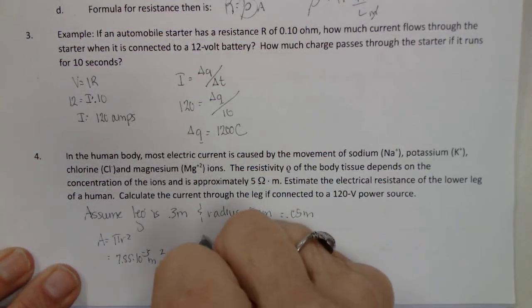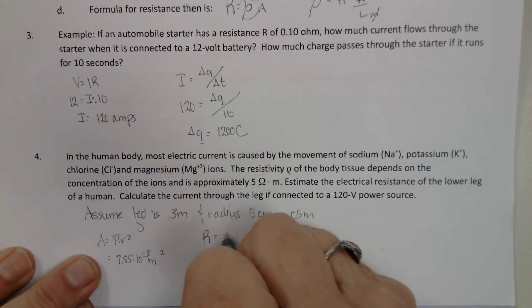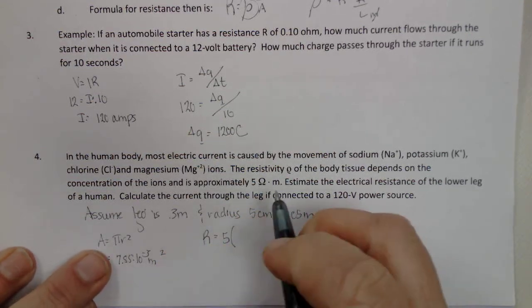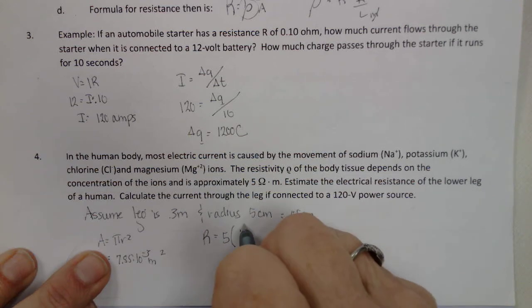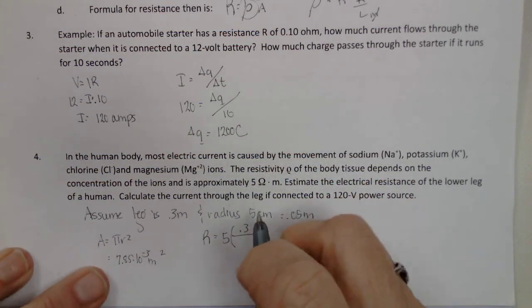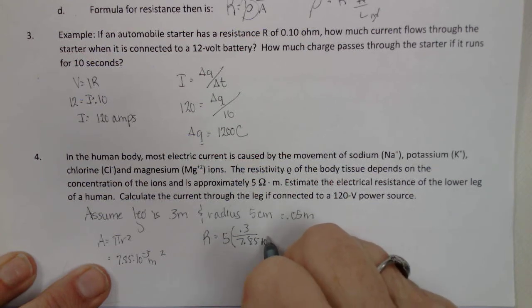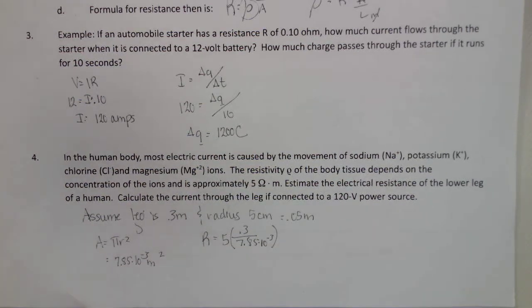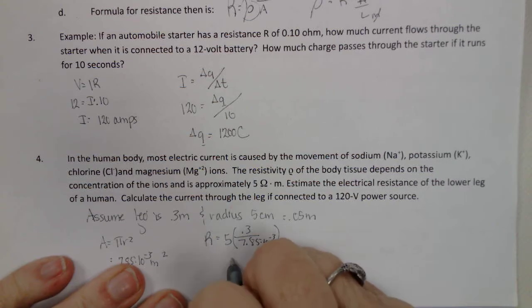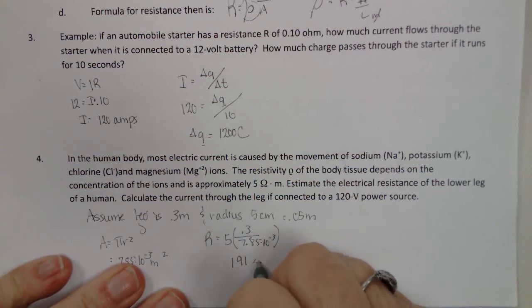So my resistance is going to be 5 times my length, which is 0.3, all over my area, which is 7.85 times 10 to the -3. So the resistance is going to be 191 ohms.